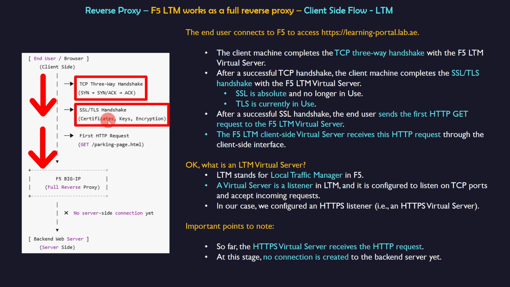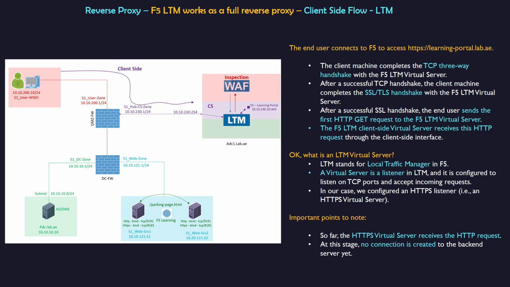After a successful TLS handshake, the end user sends the first HTTP request to the F5 LTM virtual server over the established TLS connection. Now, the F5 LTM client-side virtual server receives this HTTP request through the client-side interface.